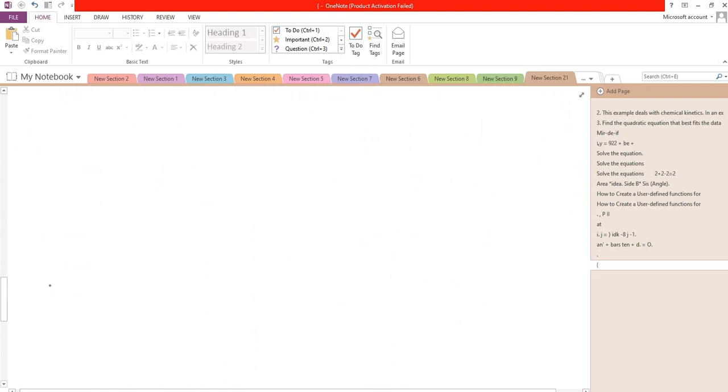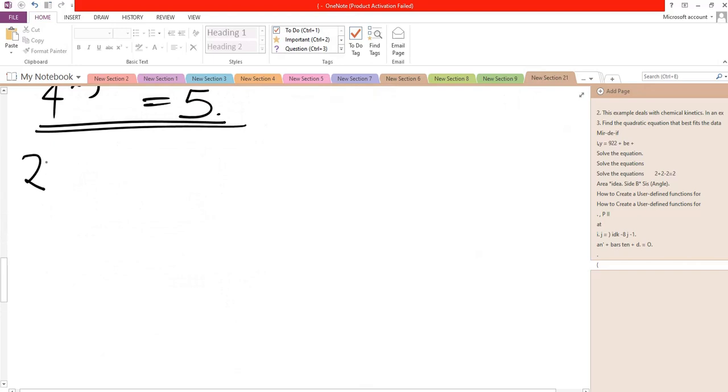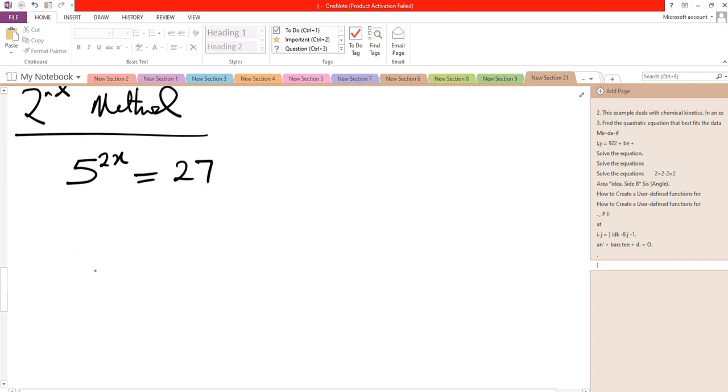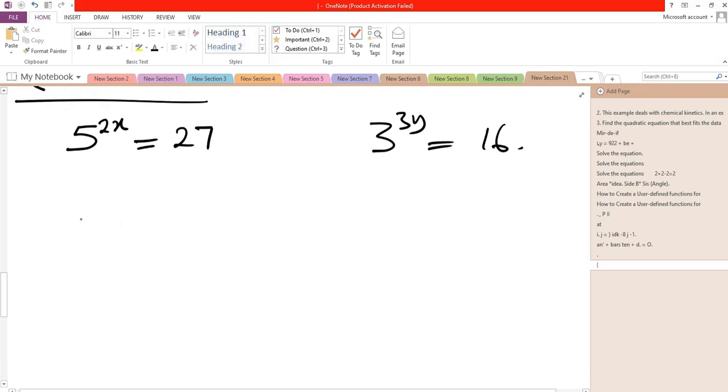Then the second method: you have 5 to the power of 2x is equal to 27. Then the other one, you have 3 to the power of 3y is equal to 16.